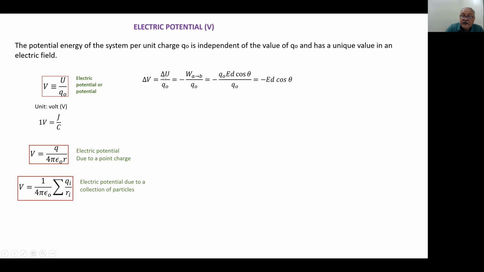It's defined as the change in the electric potential energy divided by the charge. Right? The change in electric potential energy equals the negative work done by the electric field moving a point charge from point A to point B, divided by the point charge. Correct.